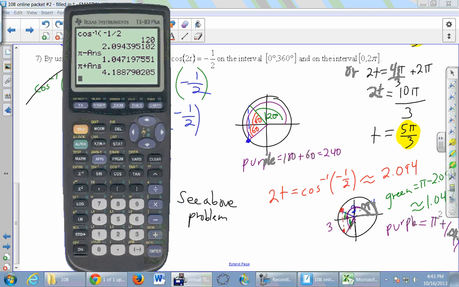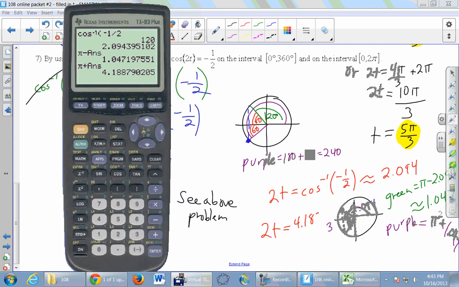And we get 4.188 or 4.189. So 2t equals 4.189 is the other fundamental equation. So you got the two fundamental equations there and there.